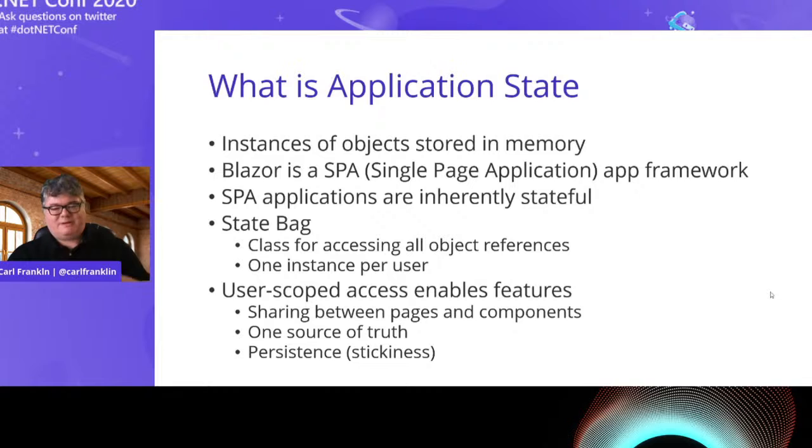If we create a state bag class and put all our public properties in there, then we can add that as a user scoped service, or a scoped service, which means we can share that between pages and components. We can inject it into whatever page we want. It's one source of truth, and it also allows for stickiness.